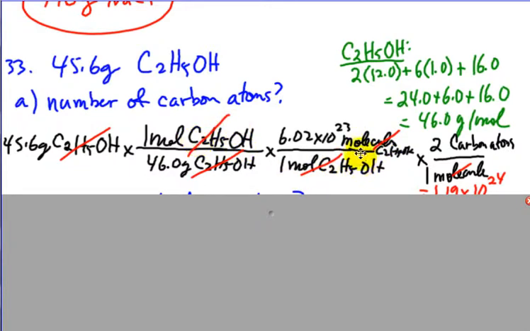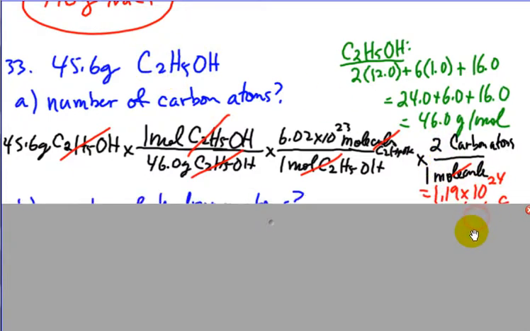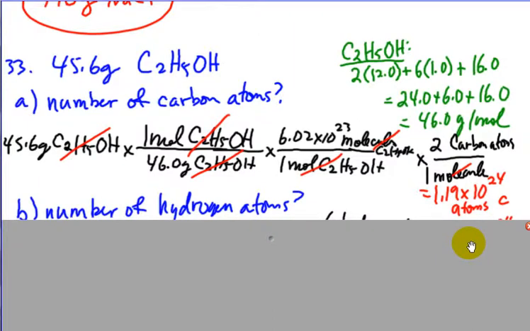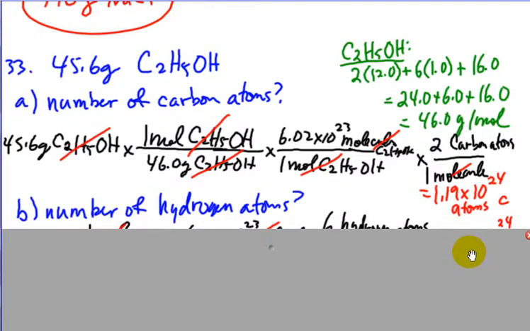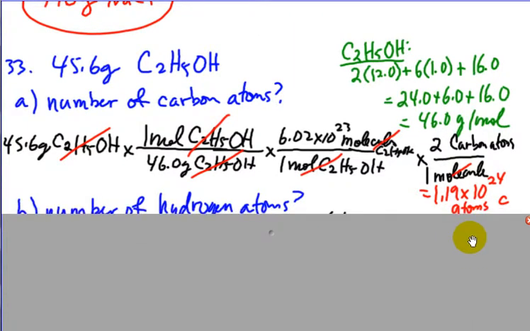Moles cancel. And then that's molecules of C2H5OH. And of course, for every 1 molecule of that I have 2 carbon atoms. So that is that final part right there. Okay? So that works out to be 1.19 times 10 to the 24 atoms of carbon.